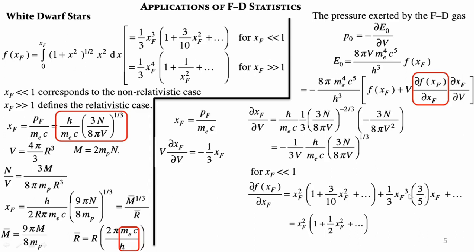When you take xf square outside, you will be left with 3 by 15 xf square inside the bracket. So you have 3 by 15 xf square plus 3 by 10 xf square. Sorry, 3 by 15 is just 1 by 5. So this is 3 by 10 plus 1 by 5. So does it come out to be equal to half?